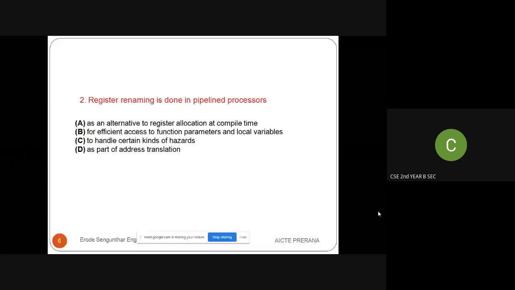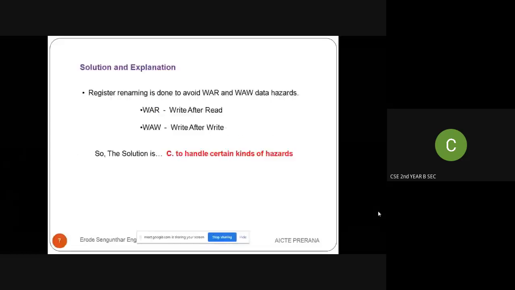The answer is that it is used for handling different kinds of hazards. We have already seen this while having the session on hazards. Hazards are of many types: data hazard, control hazard, instruction hazard. While handling that, we came across the term register renaming.